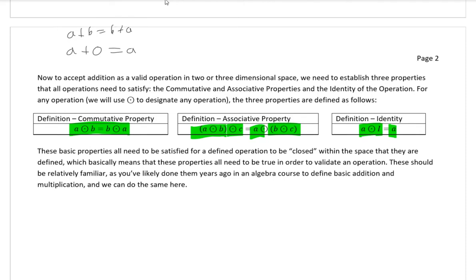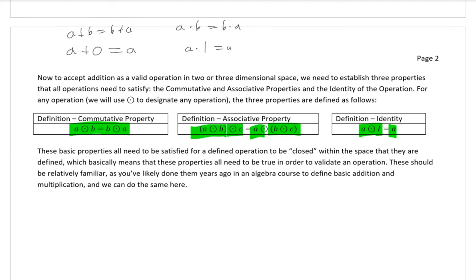Likewise, for multiplication, A times B equals B times A. And for the identity of multiplication, it is 1. That's called the multiplicative identity. You can multiply anything by 1, you get the same thing back. These are all things that have been established before in algebraic courses for other operations, and we need to also establish it for this new operation, for vector addition.